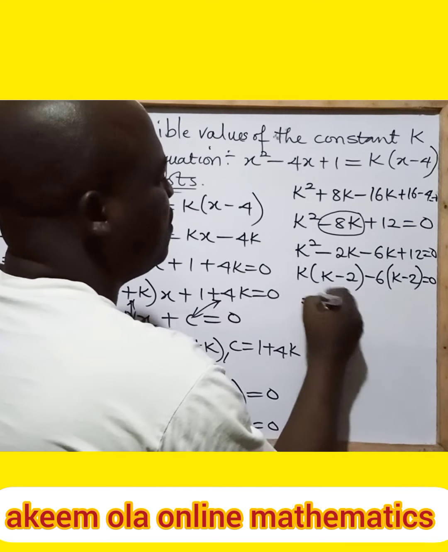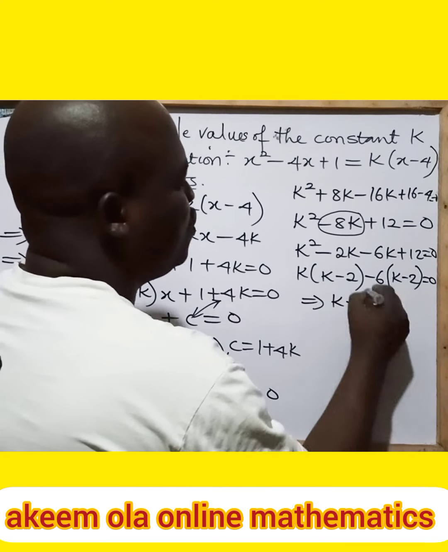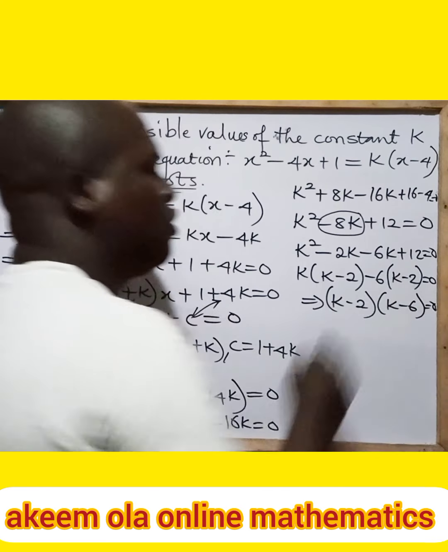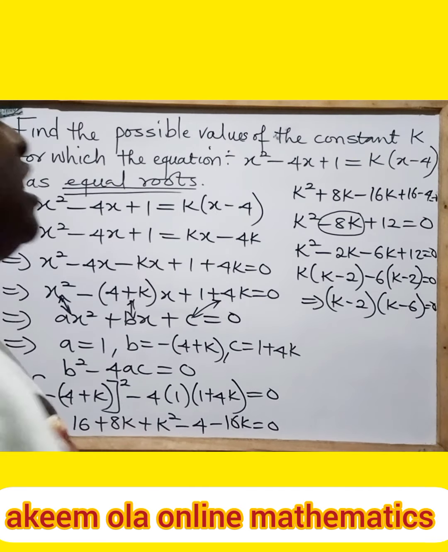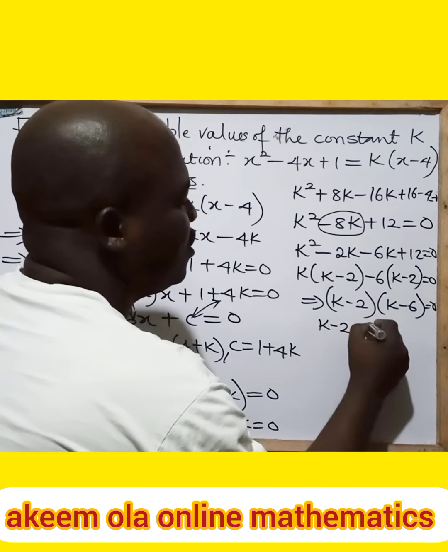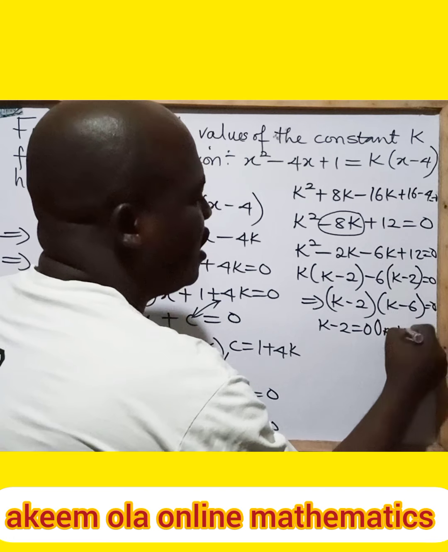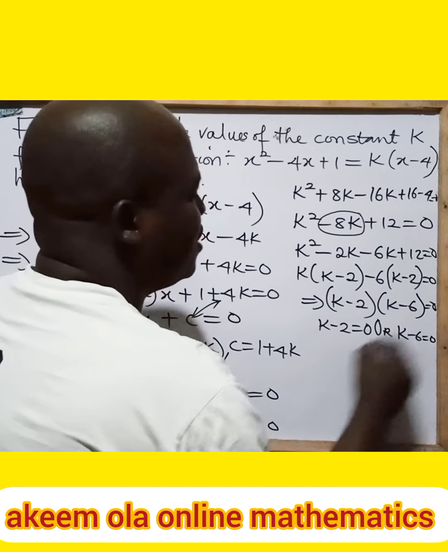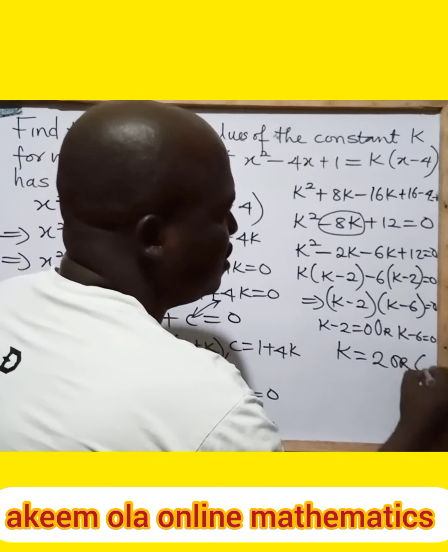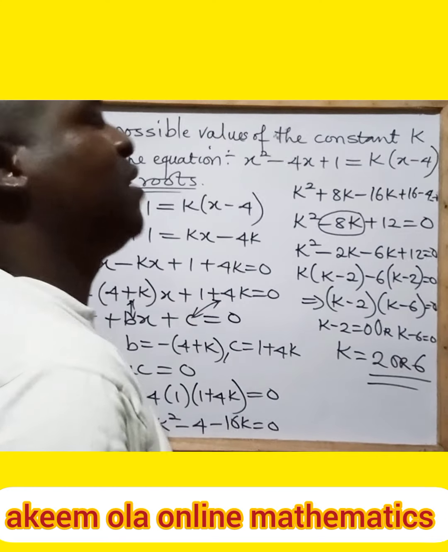That will now give us k minus 2 into k minus 6 is equal to 0. So my k will now have two values. I can have k minus 2 is equal to 0, or k minus 6 is equal to 0. So my k will now be 2 or 6. That is the value of my k.